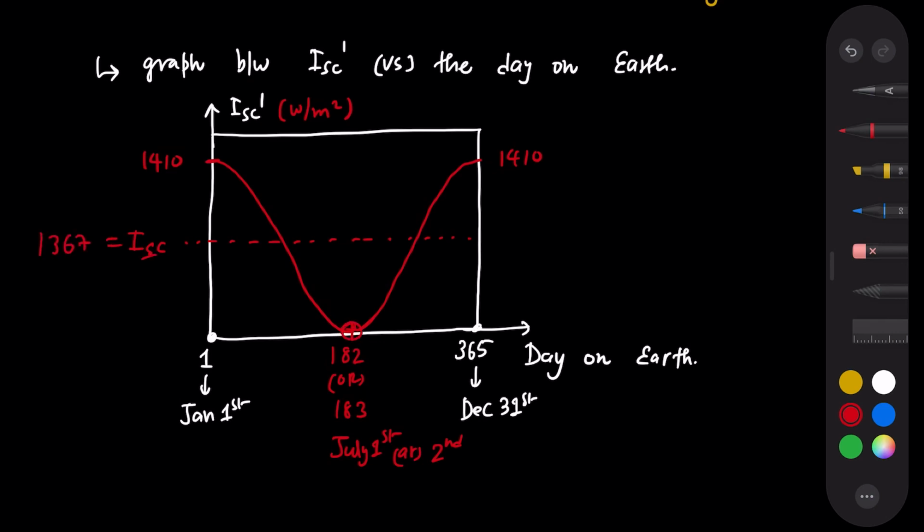And this value here is approximately 1320. Now if you want to cross check, you can put the value of n equal to 1, n equal to 182, and n equal to 365. You will get these results. Okay, so if you want to practice, you can draw your graph on your own or you can check it online.